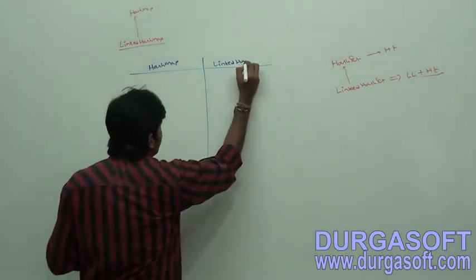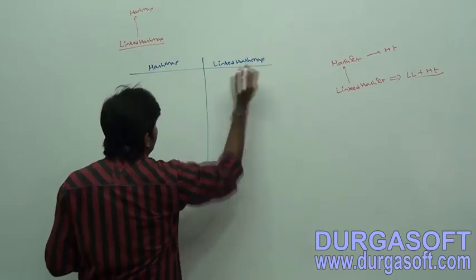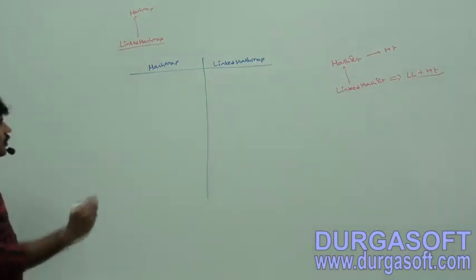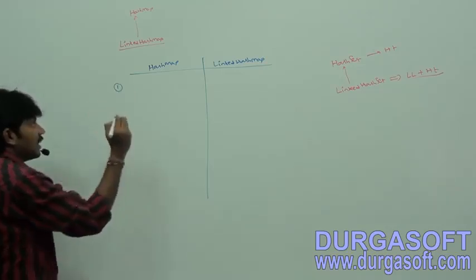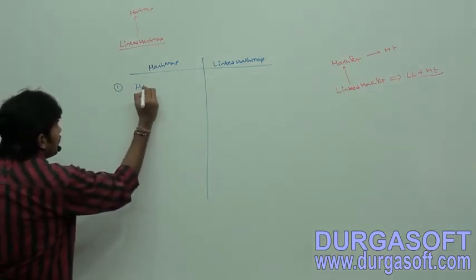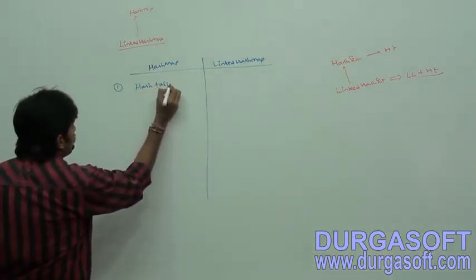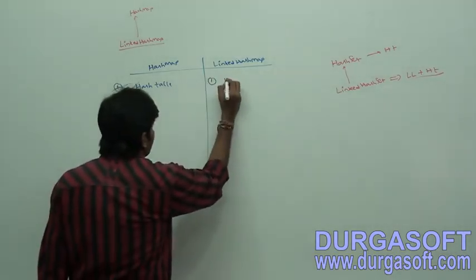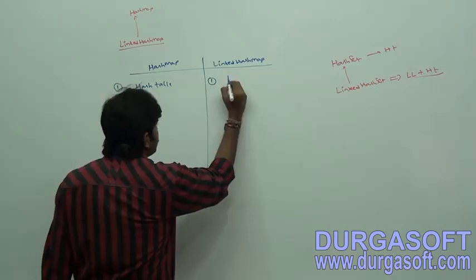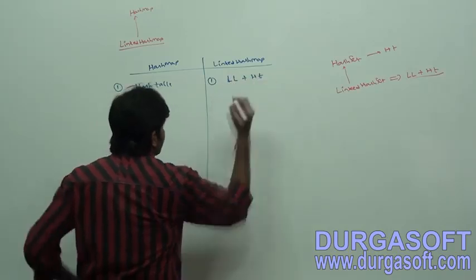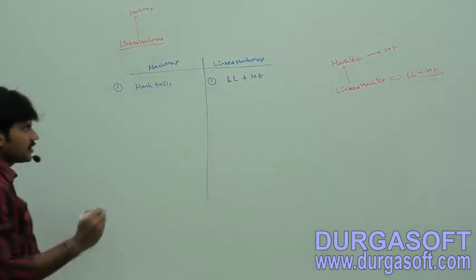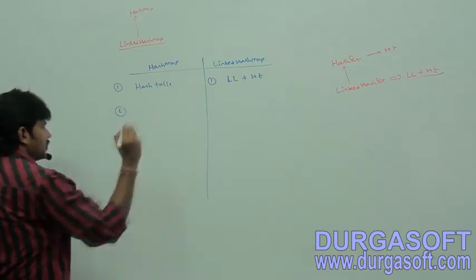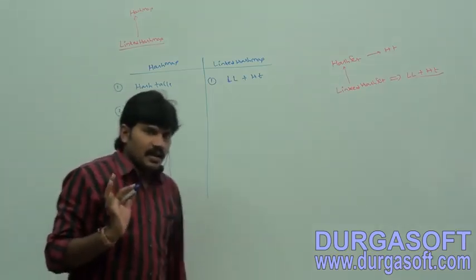What are the differences? In the case of hash map, the underlying data structure is hash table, which we covered already. But in linked hash map, the underlying data structure is linked list plus hash table.